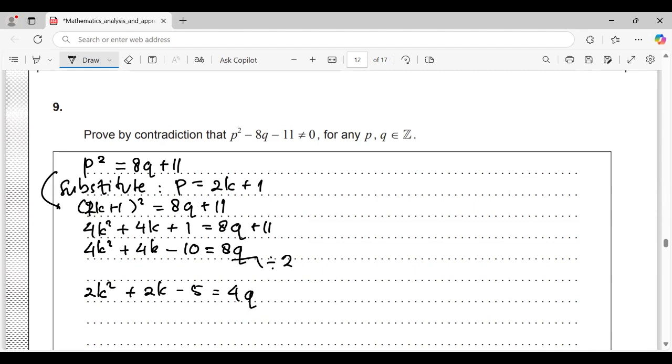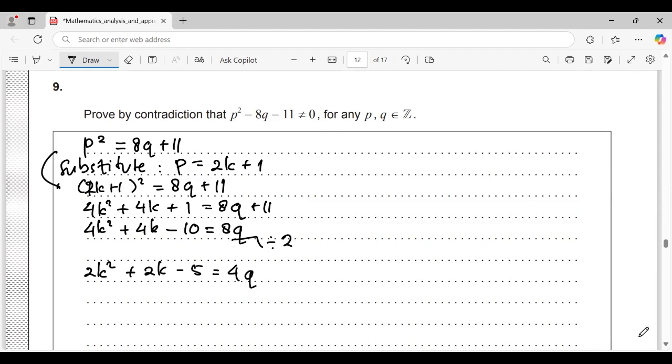Okay, now look at the left-hand side and the right-hand side. This is the left-hand side. This is the right-hand side.